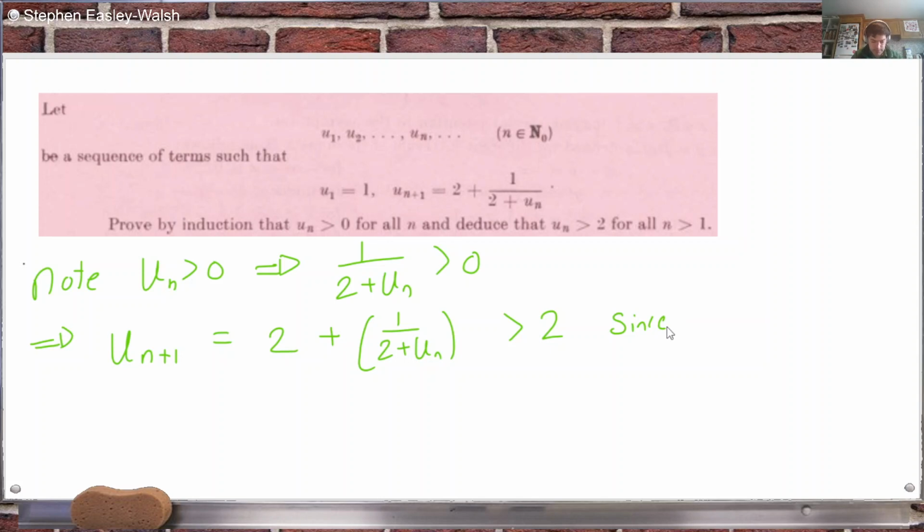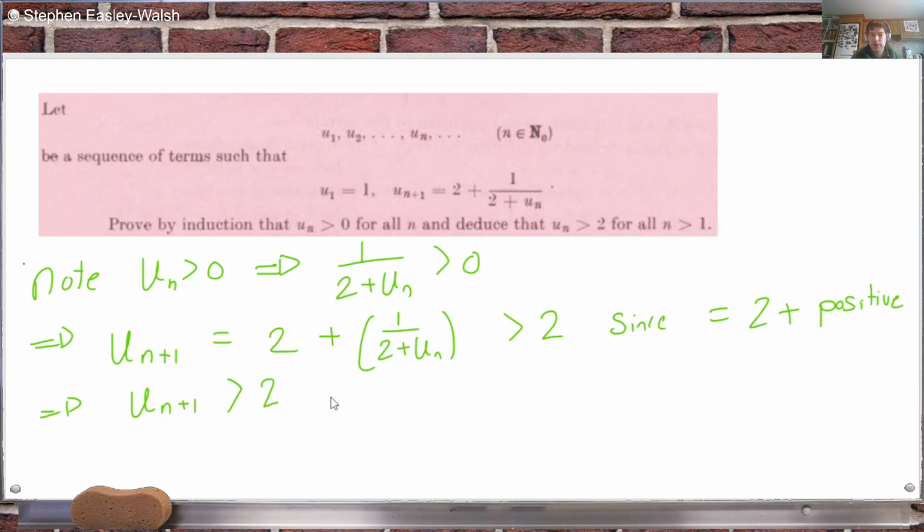Since it's equal to 2 plus a positive number, that means UN plus 1 is greater than 2.